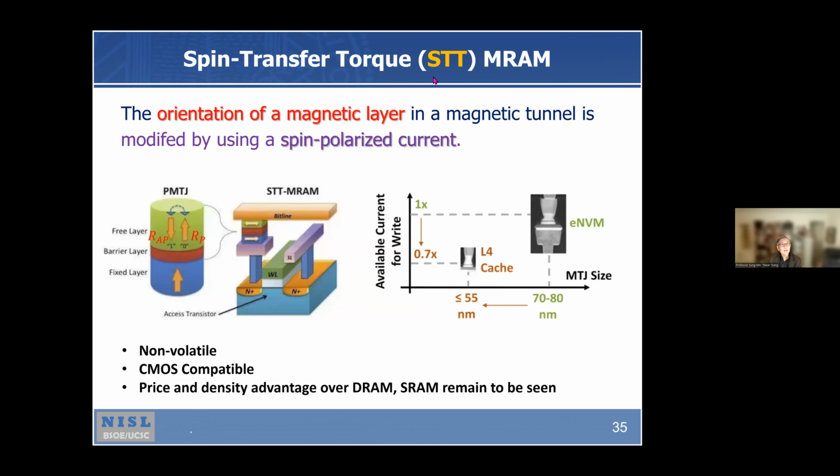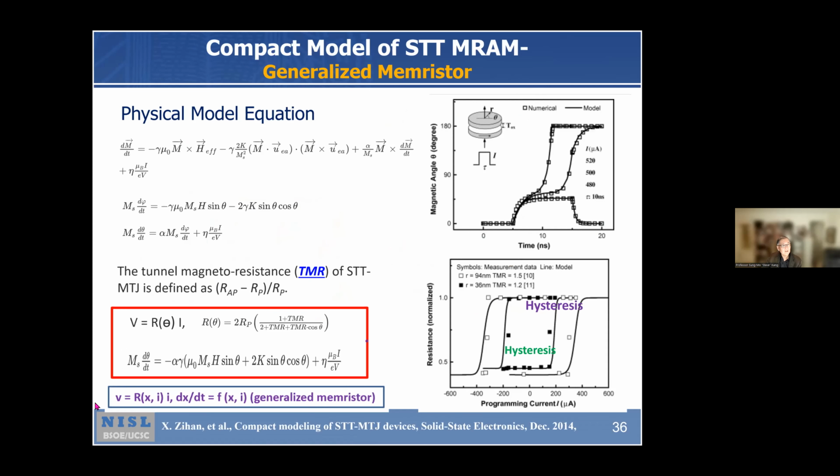And this shows spin transfer torque MRAM. This is a structure, but if you model it, it becomes a memristive device. Voltage is equal to resistance multiplied by current, but the state variable is also here.